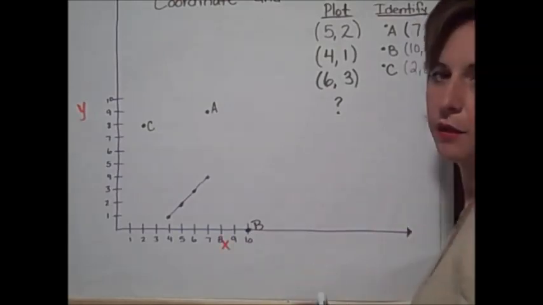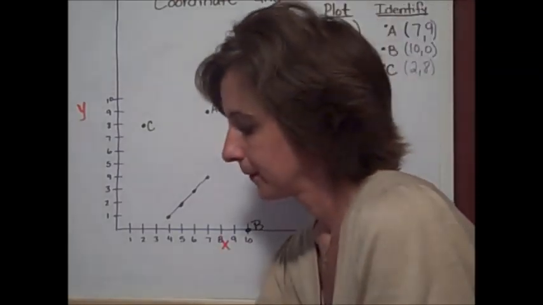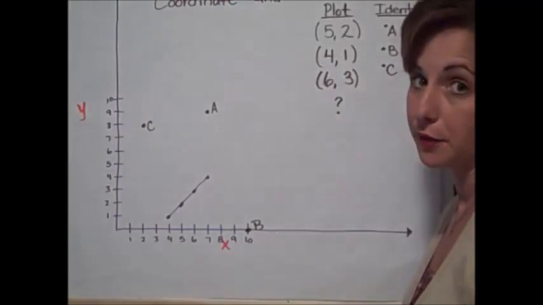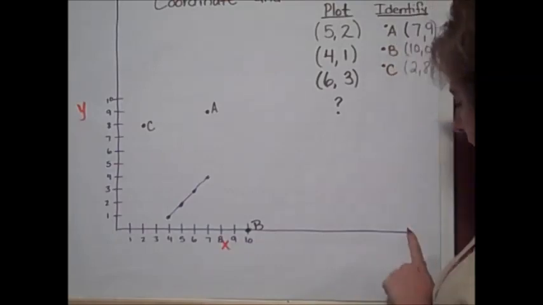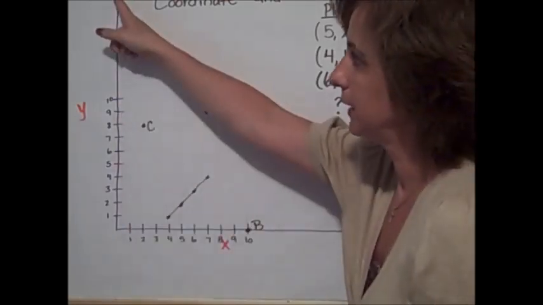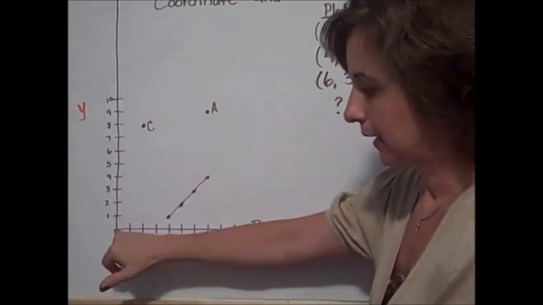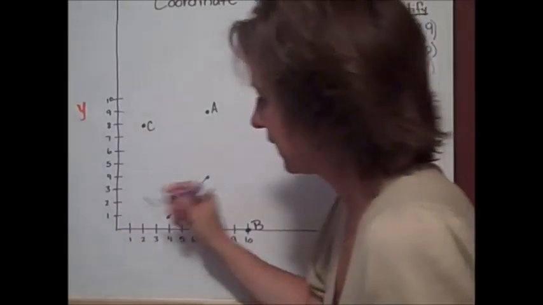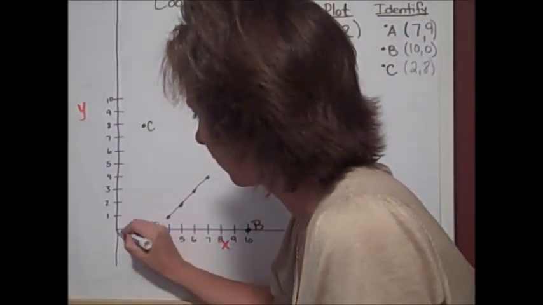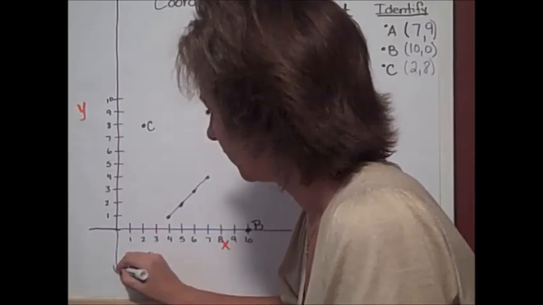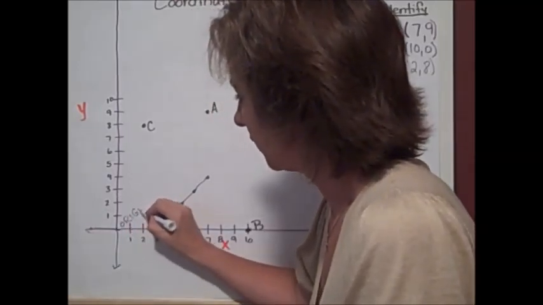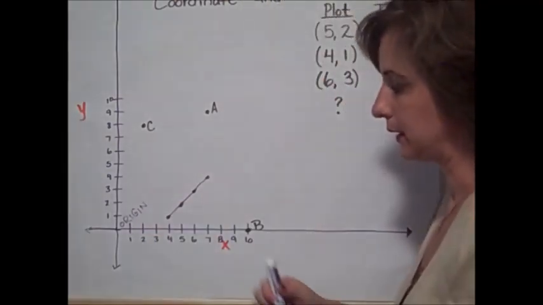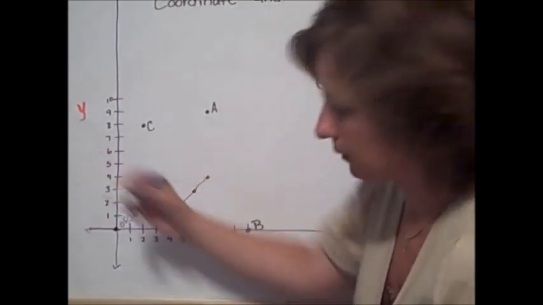So, you're familiar with the coordinate grid, but because we've introduced you to the other side of numbers, you must be inquisitive about why an arrow is here and why an arrow is here and not here. It's because this continues to go on and on, and this is called the origin, which is point 0, 0.